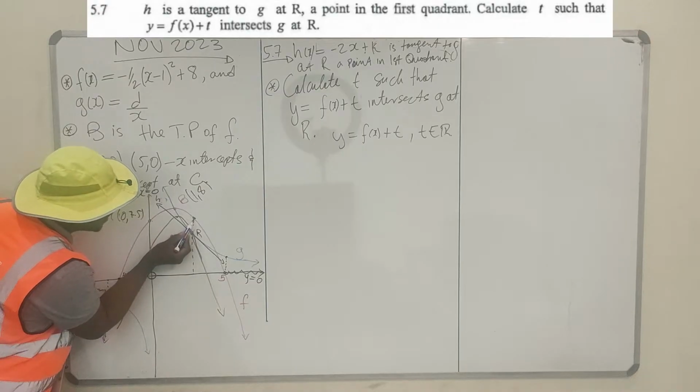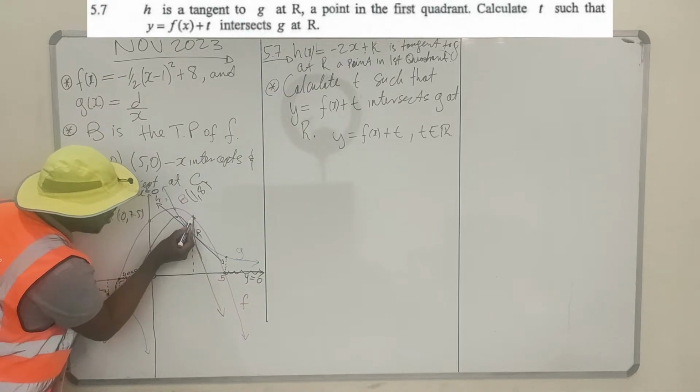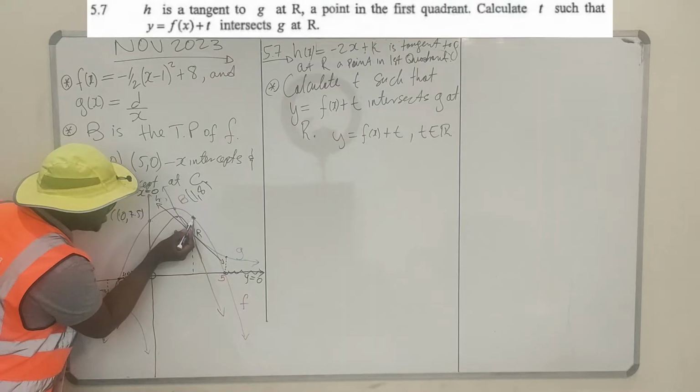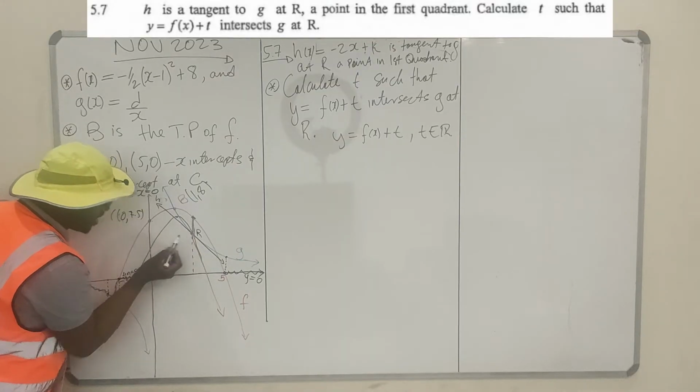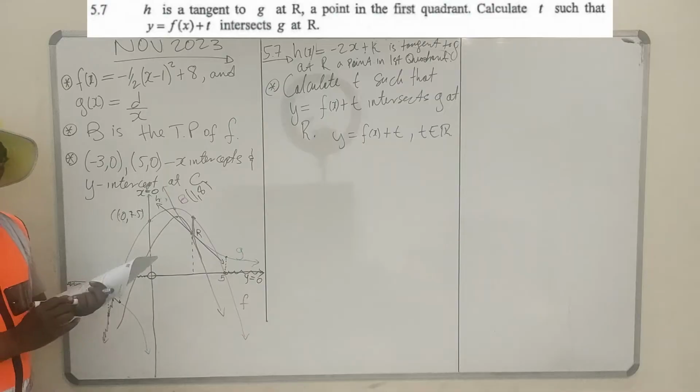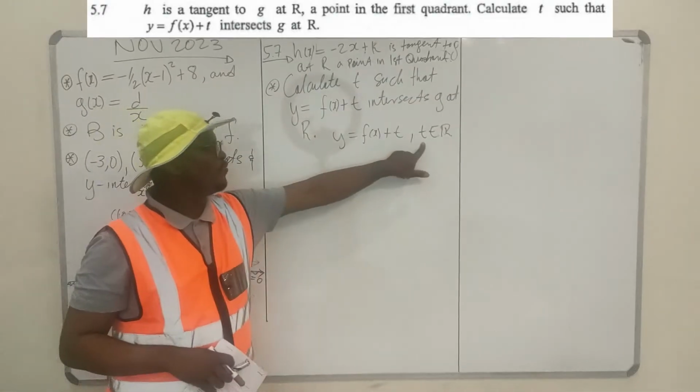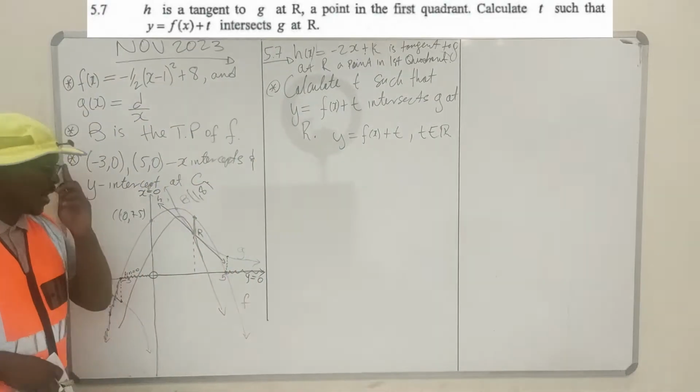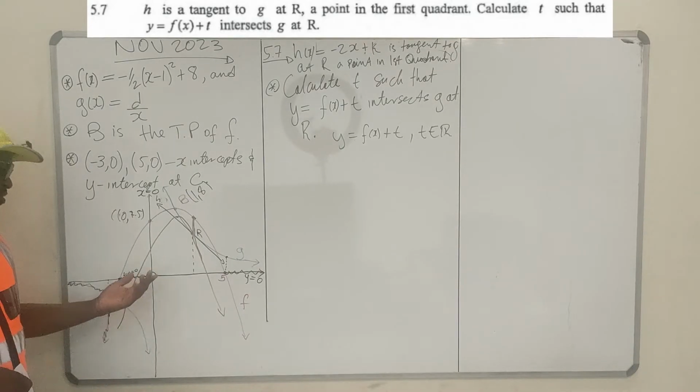They're asking how many units should you shift G downwards so that it goes down to that. Those number of units are your value of t. That's how I looked at it.